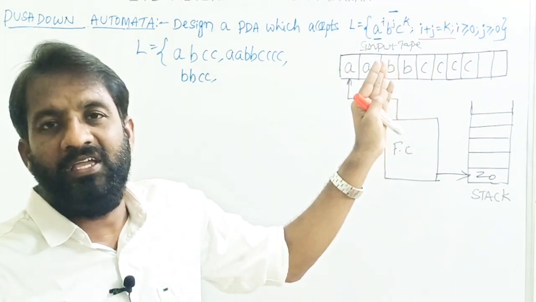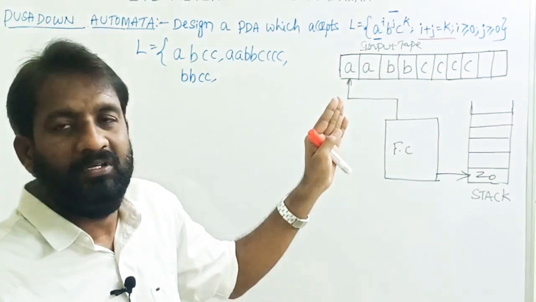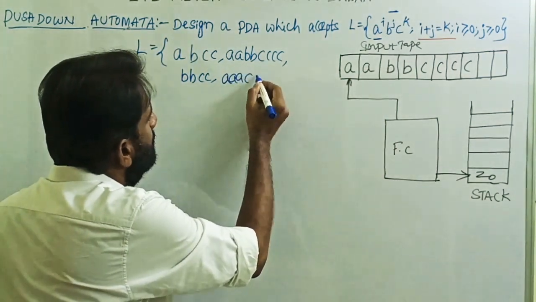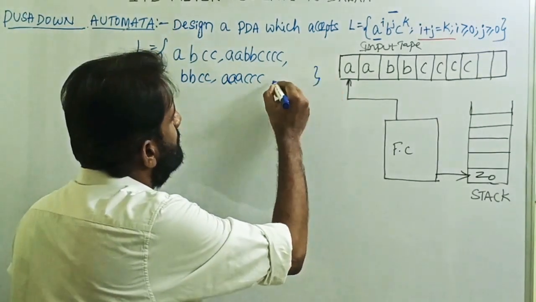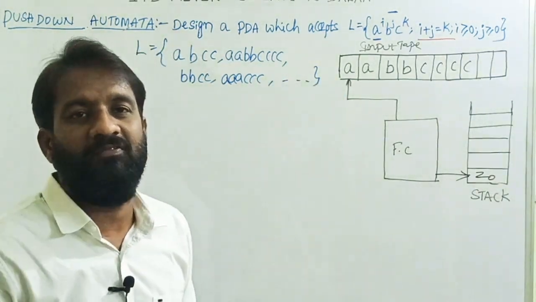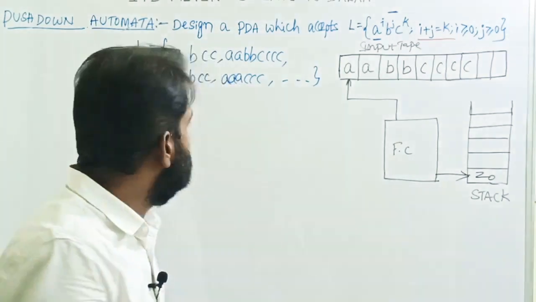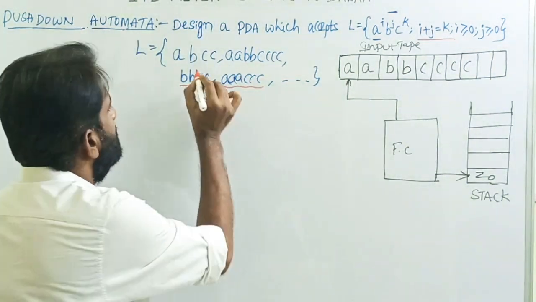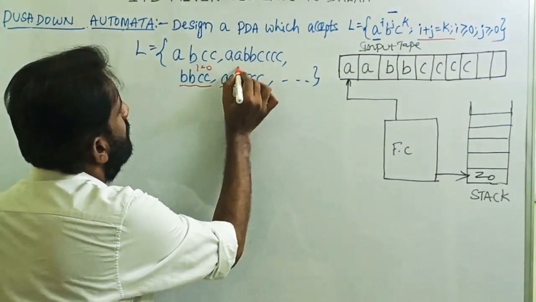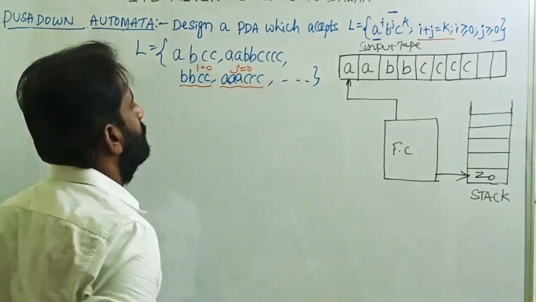Let's assume a equals 3, so 3 a's followed by 3 c's. So these are the different types of strings formed over this language. These are all special cases, because i equals 0 and j equals 0.